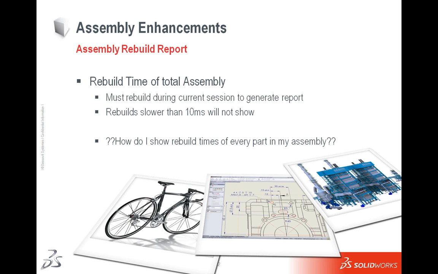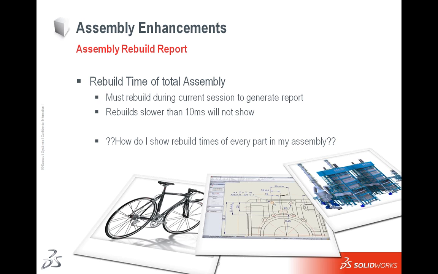Now, assembly rebuild report. We weren't able to, in previous releases, get the rebuild time of the total assembly. Okay, now we have the ability to do that through the assembly expert. A couple rules: the rebuild must occur during the current session to generate the report.